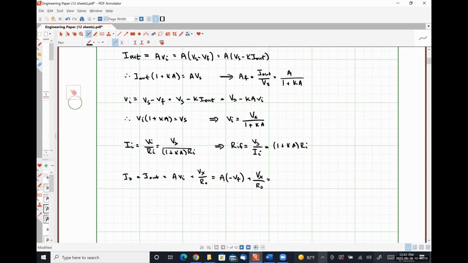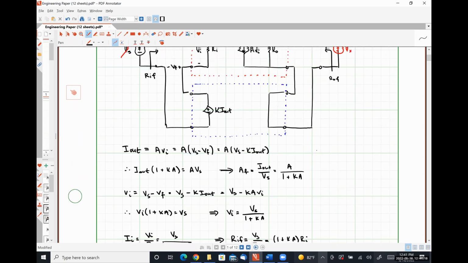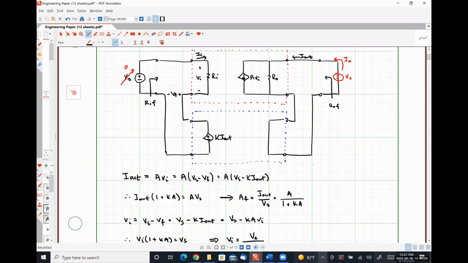And in this case, since Ix is equal to I out, Vf is simply negative Kix.